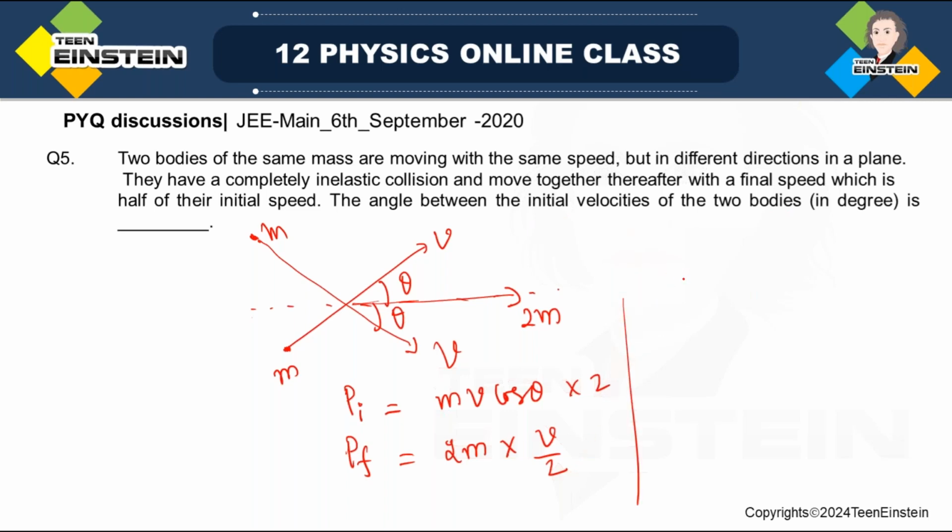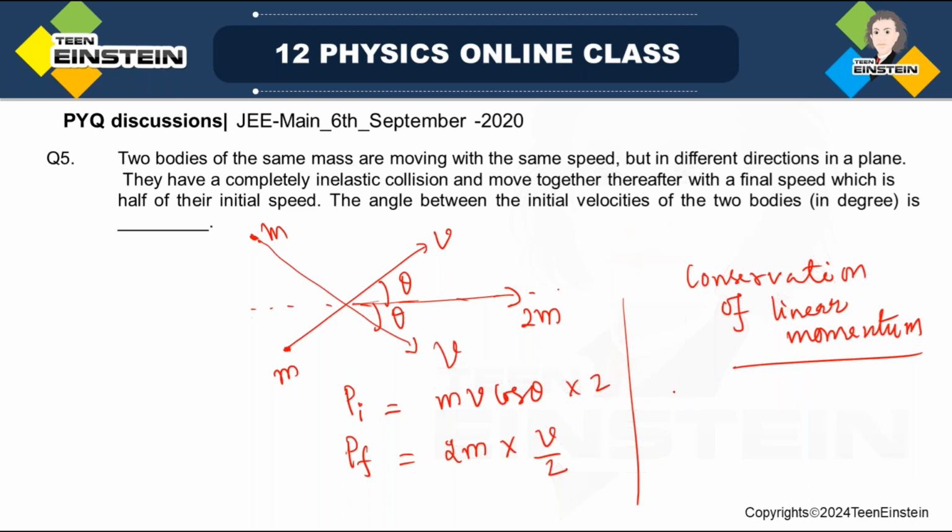Conservation of linear momentum: 2mv cos theta is equal to mv.